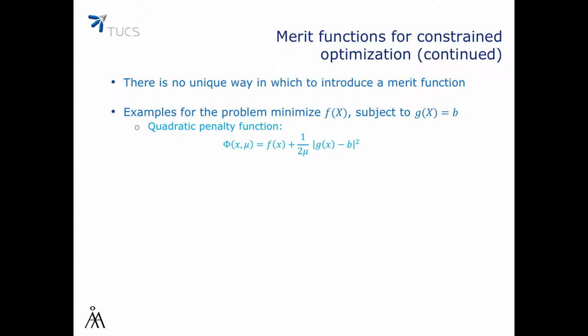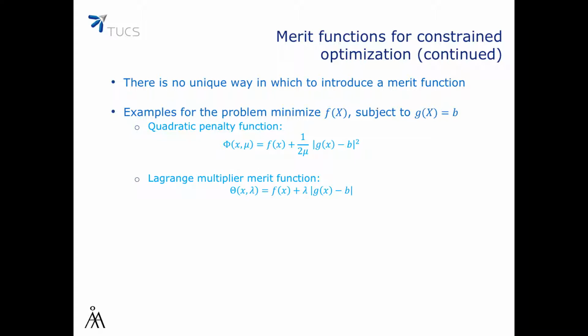There is no unique way in which to introduce a merit function. Examples for the problem to minimize f of x subject to some constraint g of x equals b could be a quadratic penalty function, which is, for example, f of x, which is to be minimized, plus g of x minus b squared divided by 2 times some constant mu. This has to do with considerations related to the Euclidean distance between g of x and b.